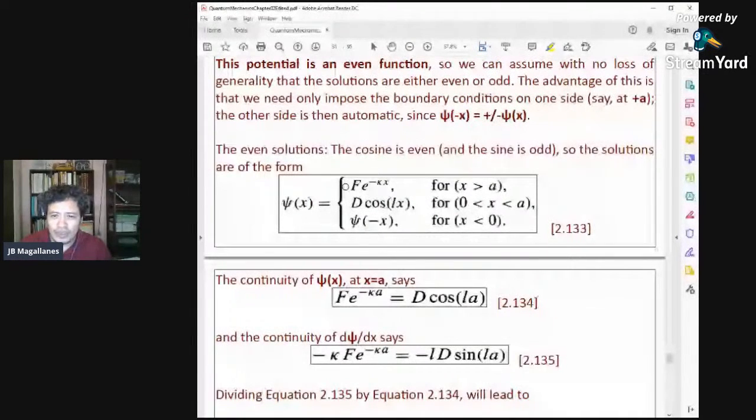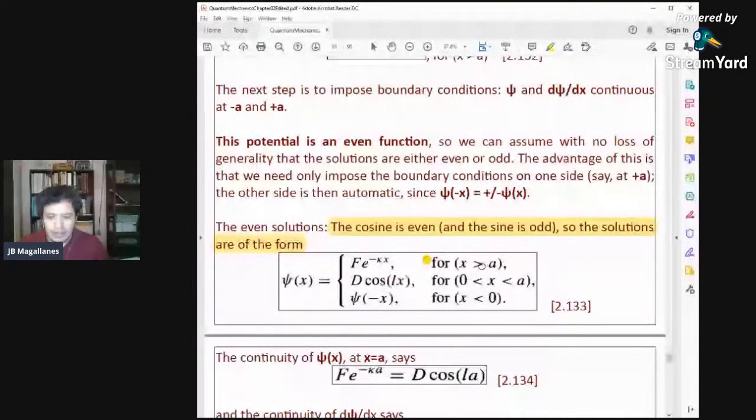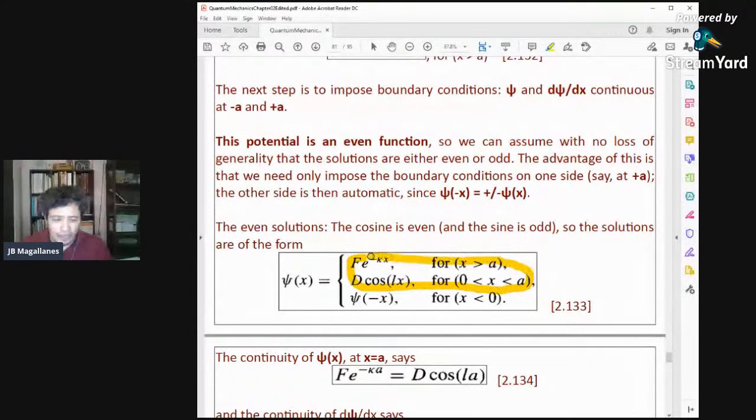So we'll just look at the solutions, say for x greater than 0, to be this cosine. We can also do sine, but here you cannot write the other side into this function.